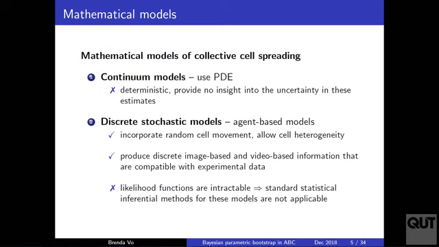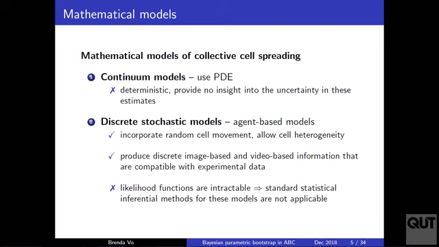So the mathematical models. There are two main approaches for modeling collective cell spreading. The continuum models, where they use partial differential equations. It's good in terms of the macro scales, but it's deterministic, and it doesn't provide insight into the uncertainty of the estimate.